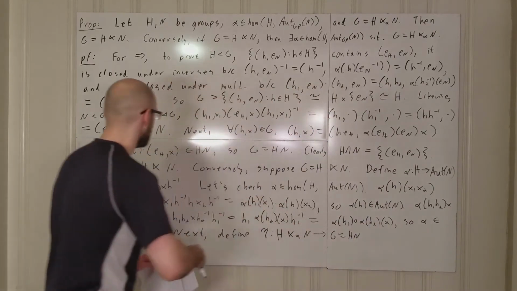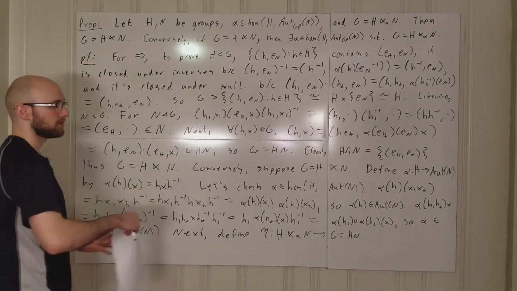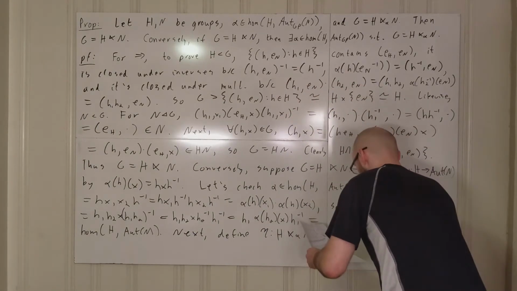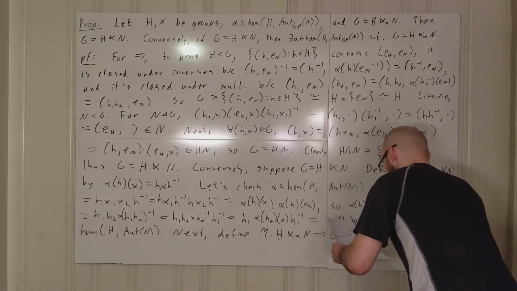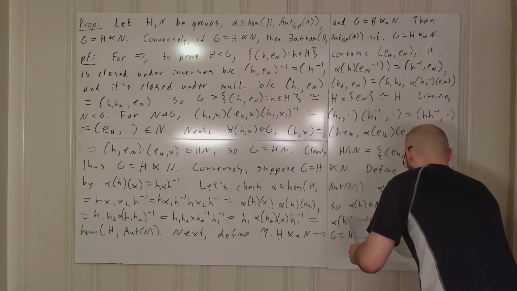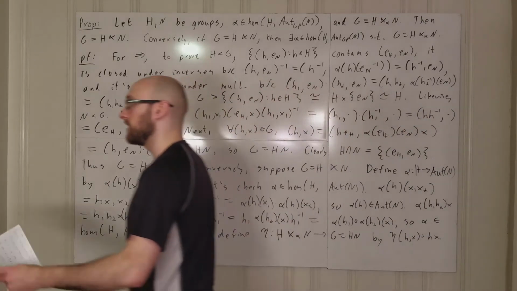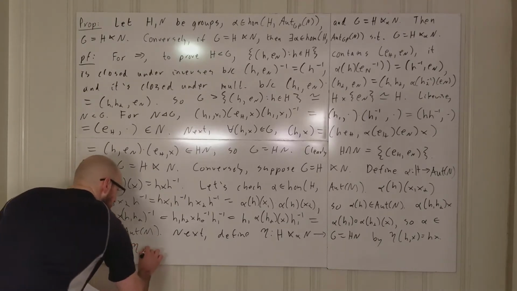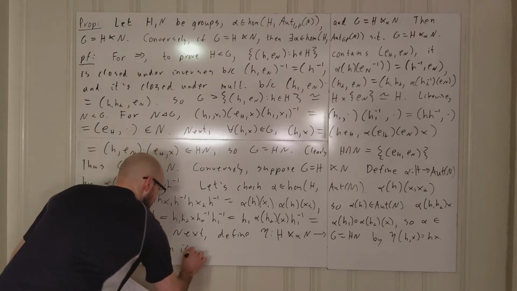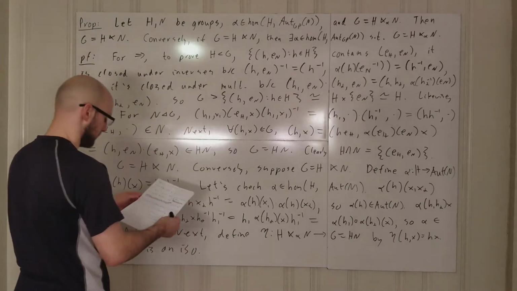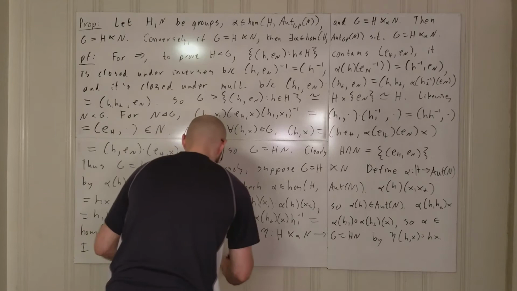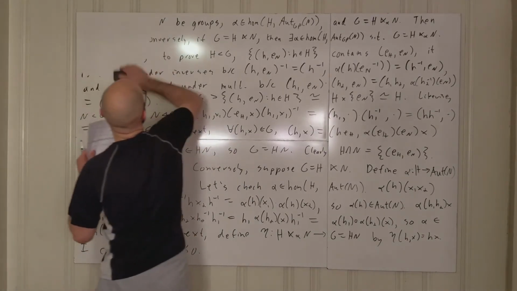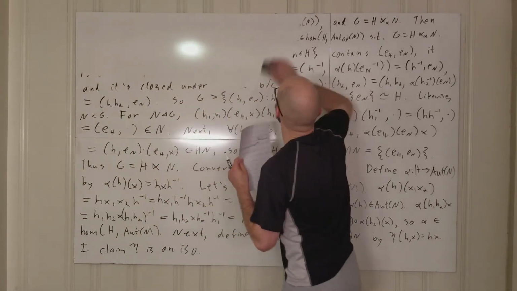And we know G is equal to HN because we're assuming that G is a semidirect product of H and N. And we're going to do this by eta of (h, x) equals hx. I claim eta is an isomorphism. I don't think I'm going to be able to fit this all on this board, so let's go ahead and erase some of this real quick.